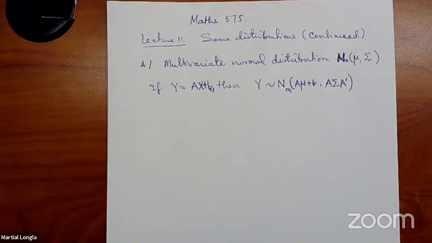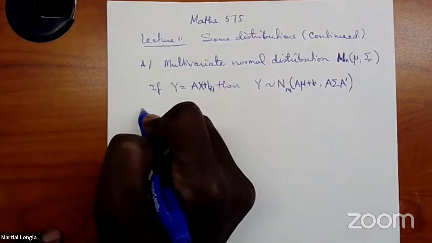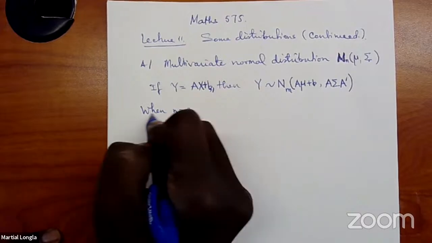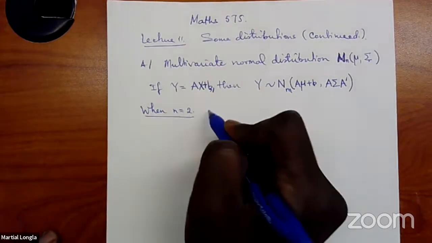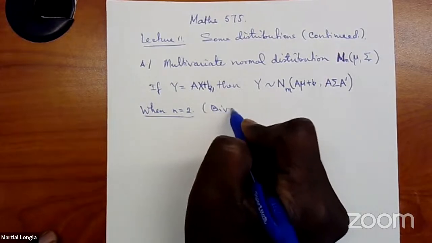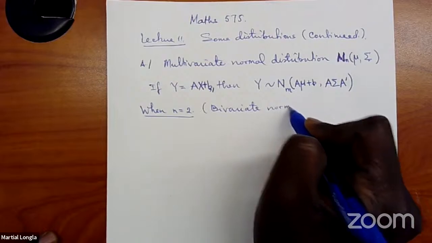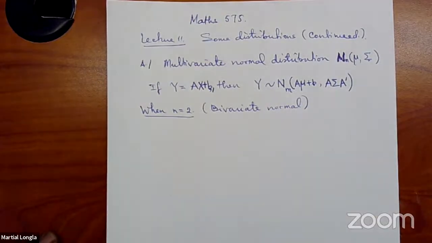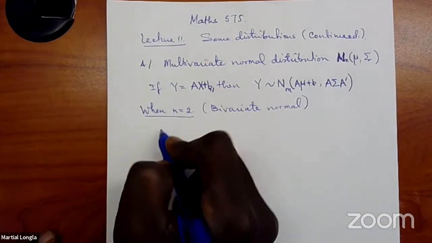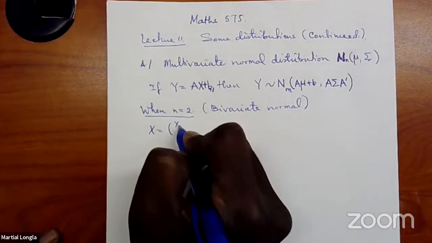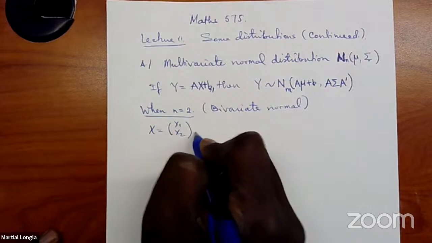And so today I'm going to use that once more, but go specifically in the case n equals 2. When n is equal to 2, we talk about the bivariate normal. Here we have x is x1, x2.